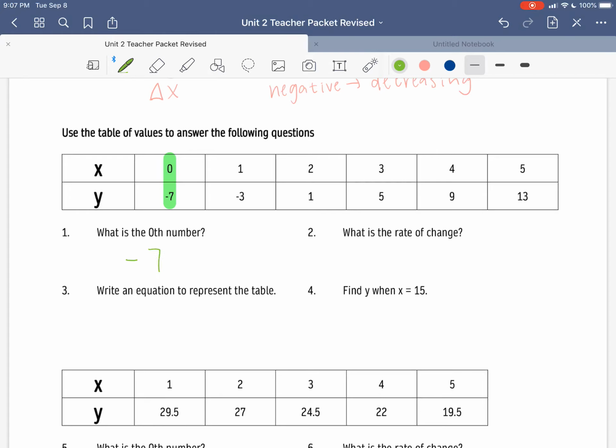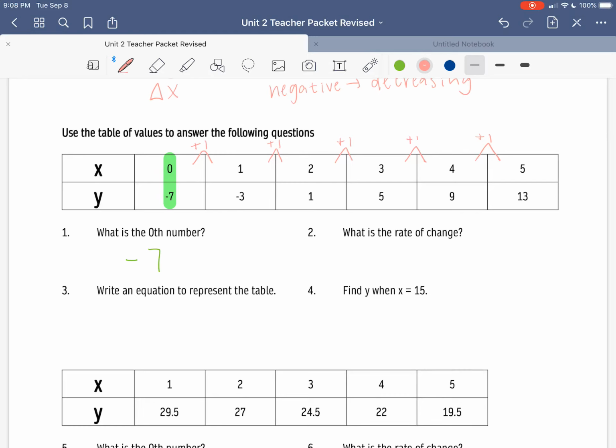Then for our rate of change, we have to look at how the x's are changing versus how the y's are changing. So when I look across the top, I see that my numbers are increasing by 1. And sometimes your tables will have the same rate of change the whole time. Sometimes they might skip around numbers, but you can use the change between any 2 points to find your overall rate of change.